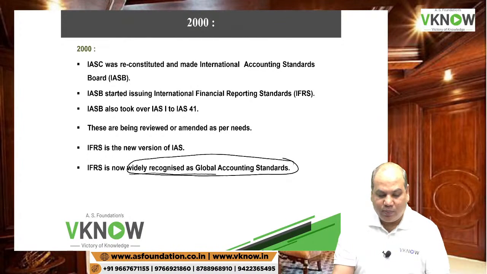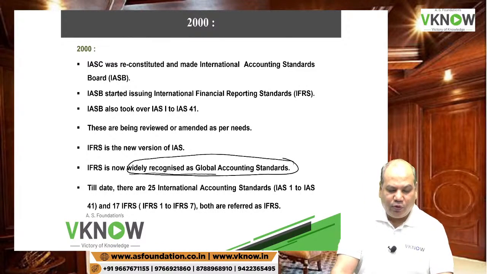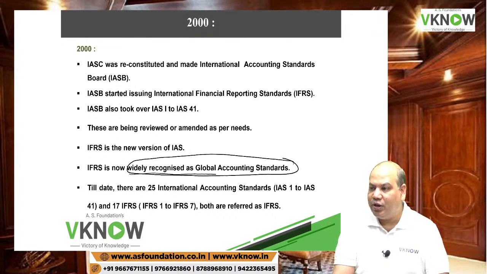Whereas US GAAP, which is another popular global standard, is mostly followed in USA. But the rest of the world, they follow IFRS or something close to IFRS. Like in India also, we follow Ind AS. This Ind AS is close to IFRS.